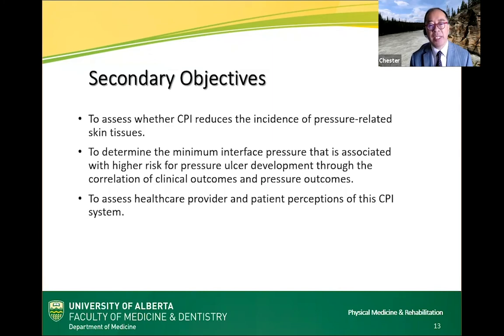We want to assess whether CPI reduces the incidence of pressure-related skin issues. We want to determine the minimum interface pressure that's associated with higher risk for pressure ulcer development through the correlation of clinical outcomes and pressure outcomes. And also, we want to assess the healthcare provider and patient's perceptions of this system, because we know that is really important.